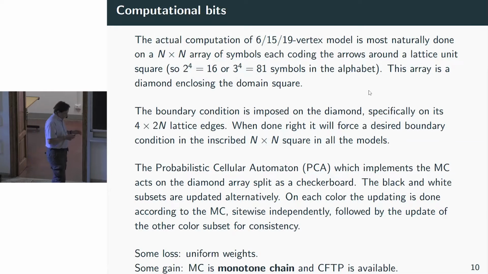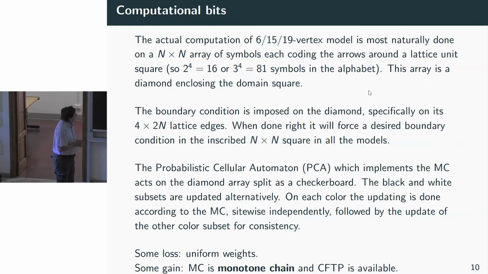And what you do is you take an array of those, and inside that you have a smaller square, and that square is the one where you actually end up putting the boundary condition, which I'll talk about next. You then update that according to some scheme. You can do updates on distinct unit squares independently, which is of course a very valuable property. Or you can do it with some exponential clock or whatever scheme.